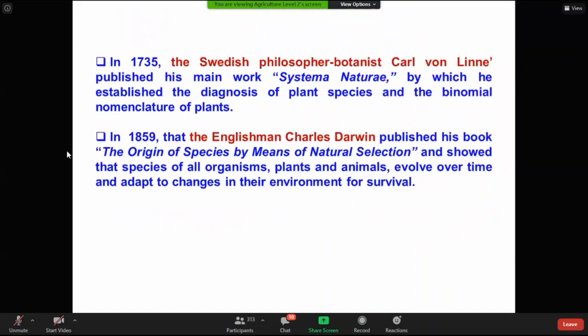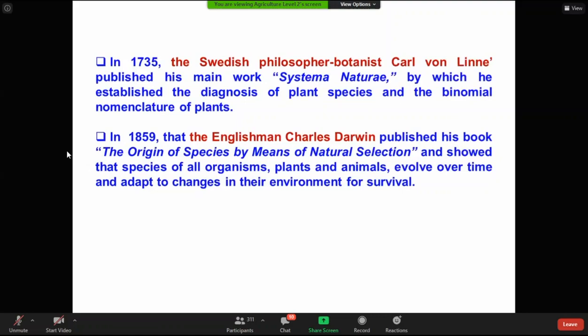The Swedish philosopher, botanist, Carl von Linné, published his main work, Systema Naturae, by which he established the diagnosis of plant species and botanical nomenclature of plants. So, diagnosis of plant species and botanical nomenclature. These two things basically proposed by Carl von Linné, the Swedish philosopher or botanist.